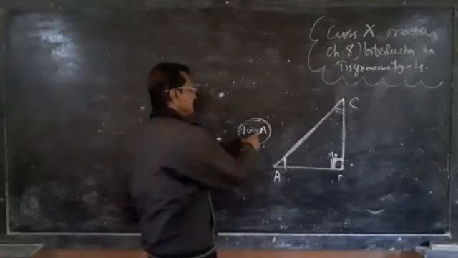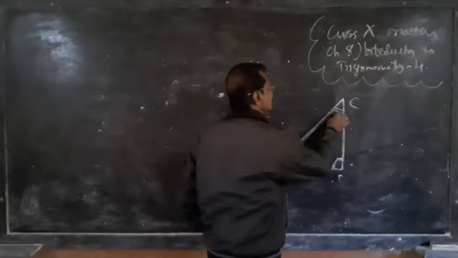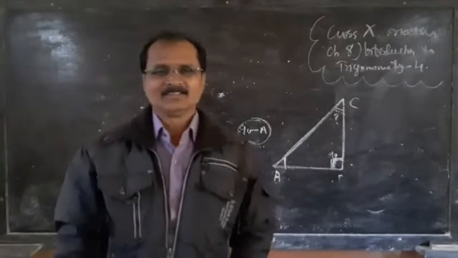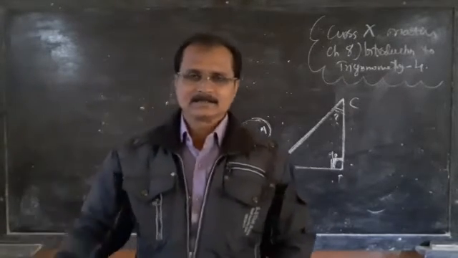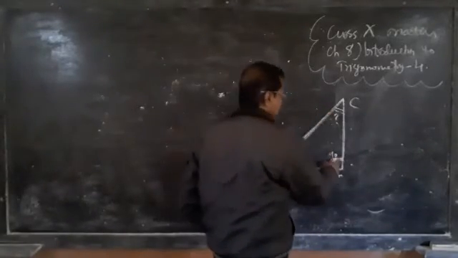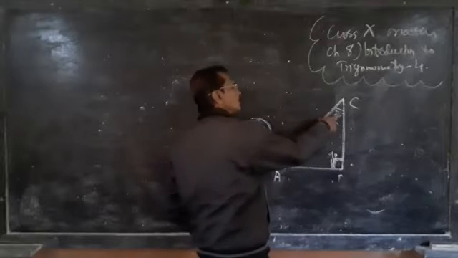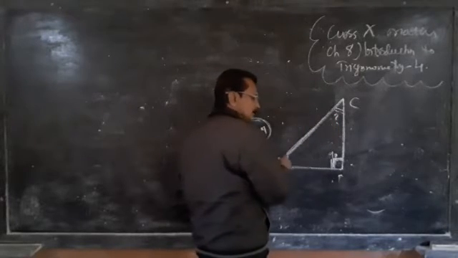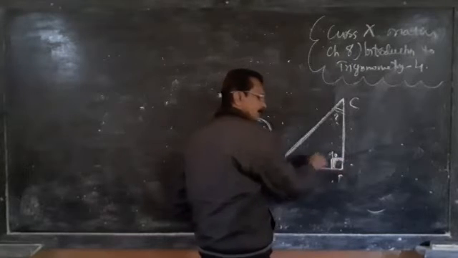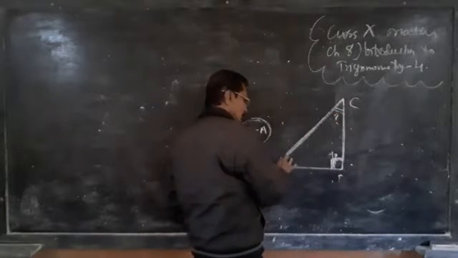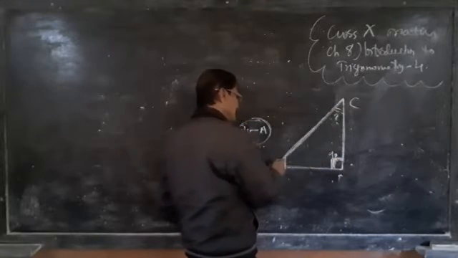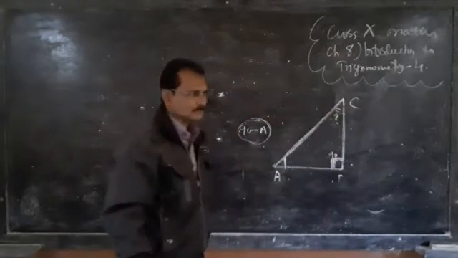So that means 90 minus A का मतलब यही होता है angle C. 90 में से A minus करो तो आपको angle C मिलेगा क्योंकि तीनों एंगल मिलकर 180 होता है. और इसमें से 90 में से A माइनस करेगा तो आपको C मिलेगा.